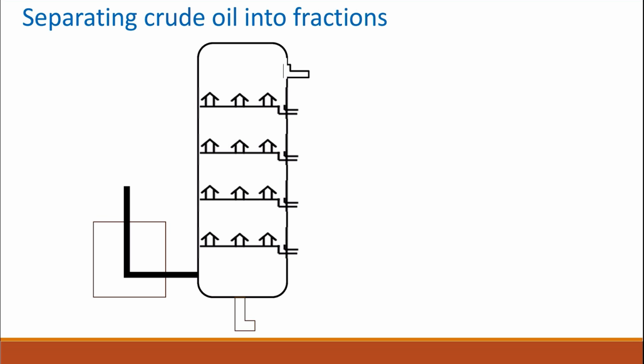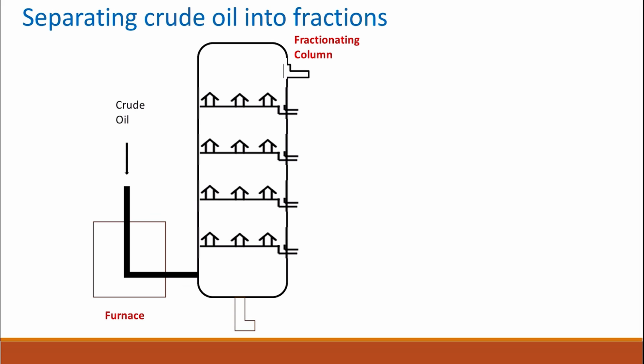The crude oil contains a mixture of many different hydrocarbons, and they have to be separated before the hydrocarbons can actually be used. We cannot use the crude oil as it is. To do this, we use the fractional distillation of crude oil. In fractional distillation, we use a furnace and a fractionating column.